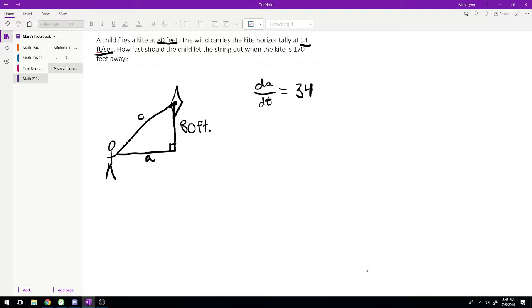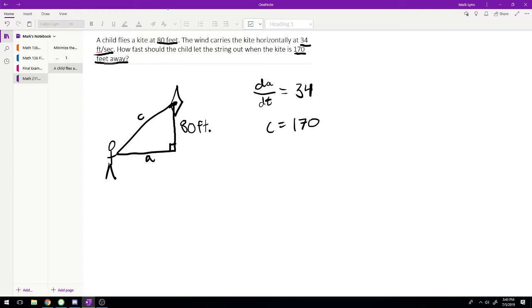We want to figure something out when the kite is 170 feet away. Notice that the distance between the child and the kite is this c value, so we want to figure this out when c is equal to 170. What are we trying to figure out?